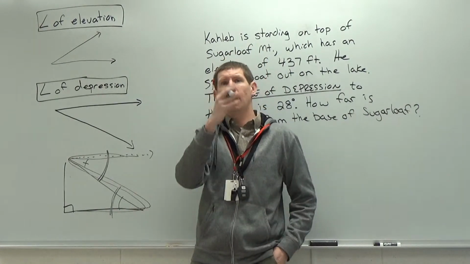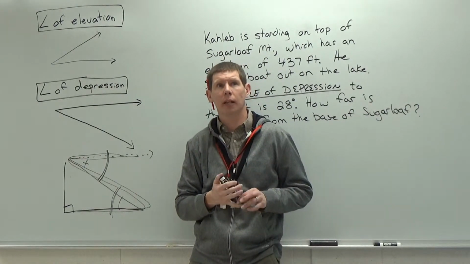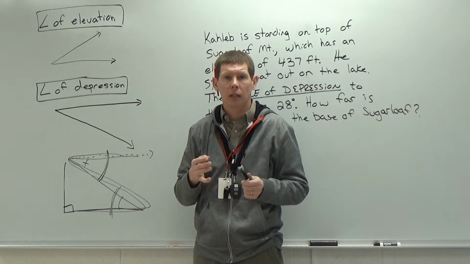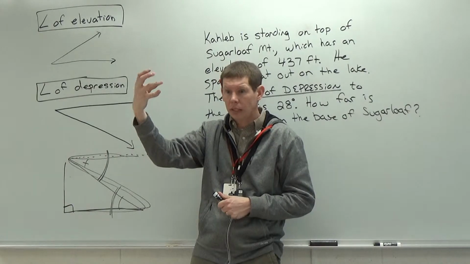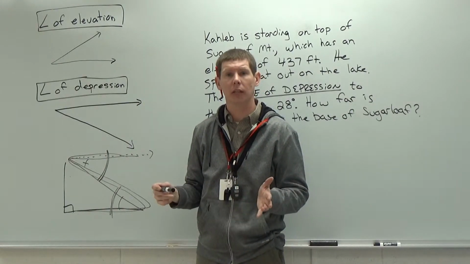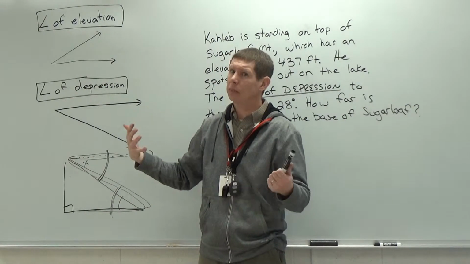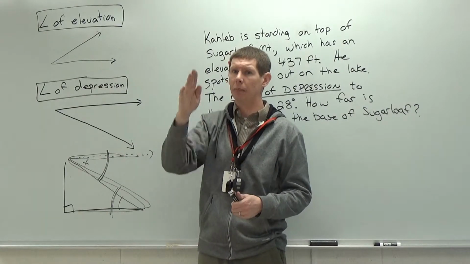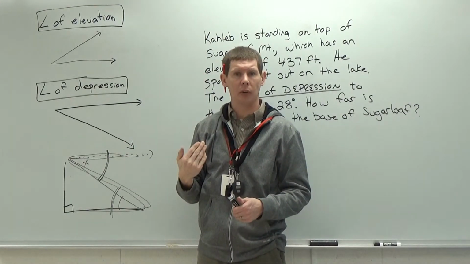So if I'm looking up at the moon, and my angle of elevation to the moon is 17 degrees, and Yoda's up on our moon, and he's looking down at me, his angle of depression is 17 degrees also. So that's the big thing. Understand these are the exact same thing. If you're looking up at an angle, it's the same as looking down at an angle.